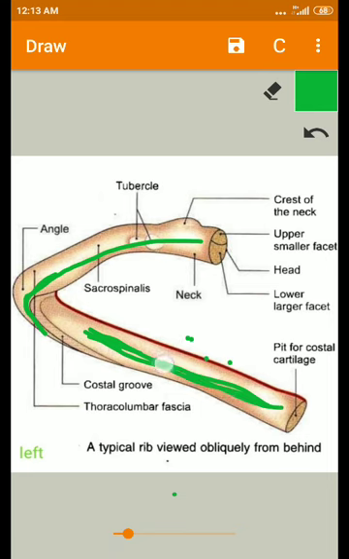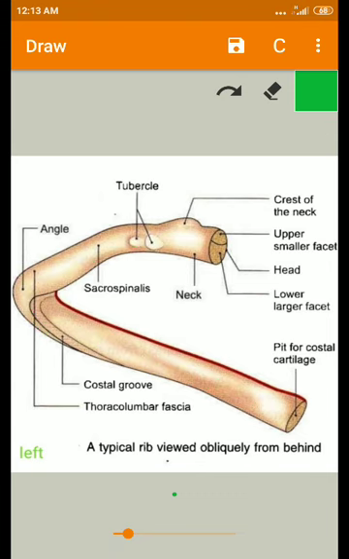We can see the internal surface here. And there are two borders, the superior border and the inferior border.